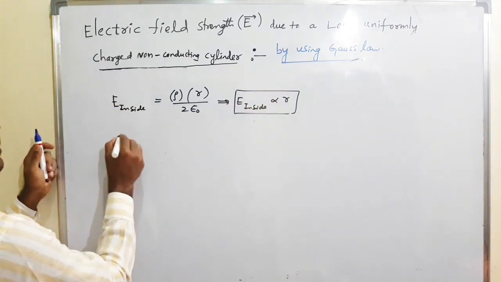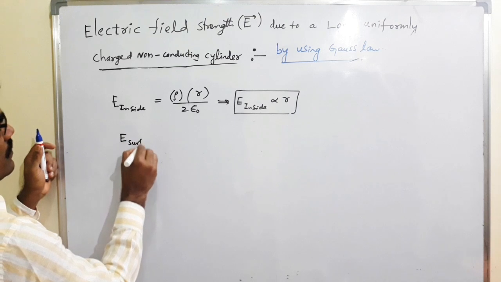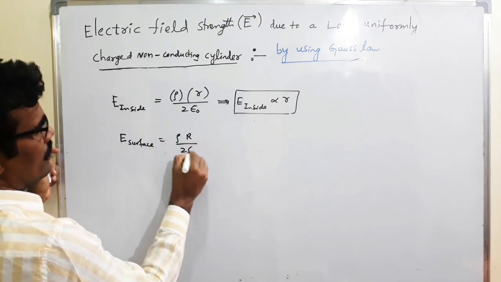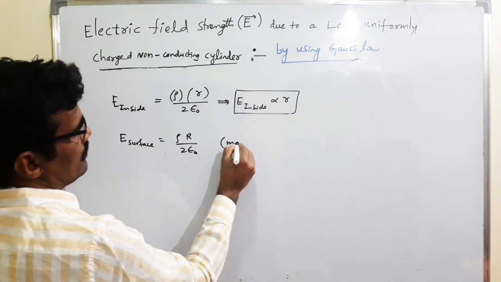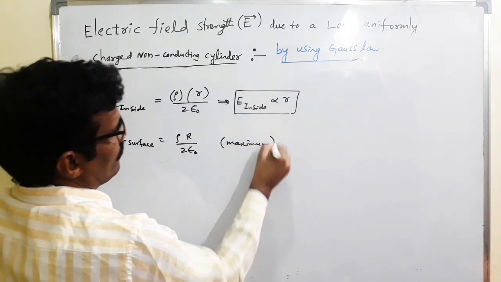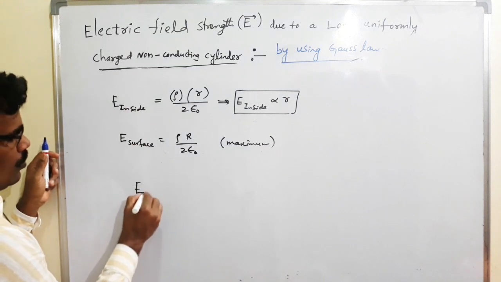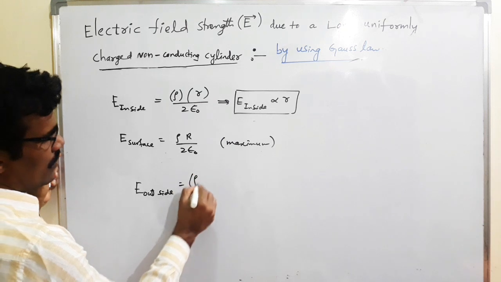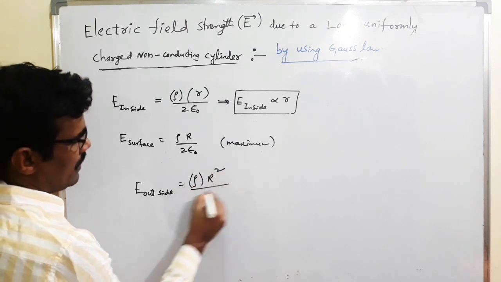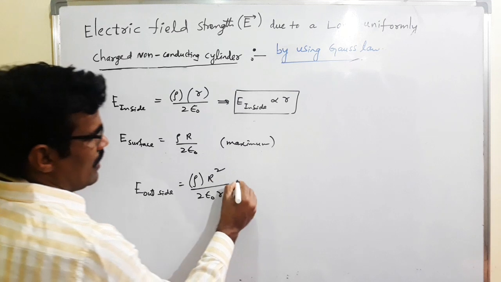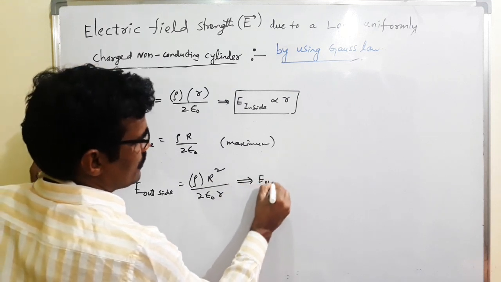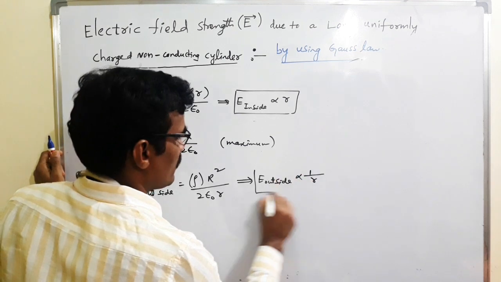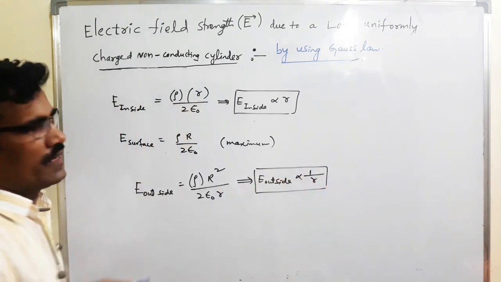Exactly on the surface, it is rho into capital R by 2 epsilon naught, the maximum value. Then outside at a distance r, it is rho into capital R square by 2 epsilon naught small r, so E outside is inversely proportional to r. This is the intensity of electric field.